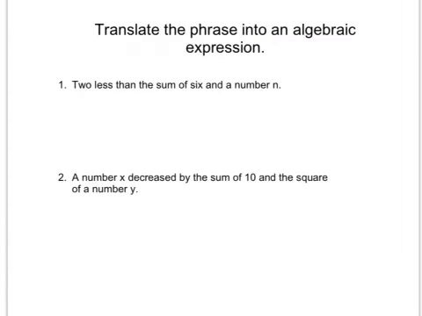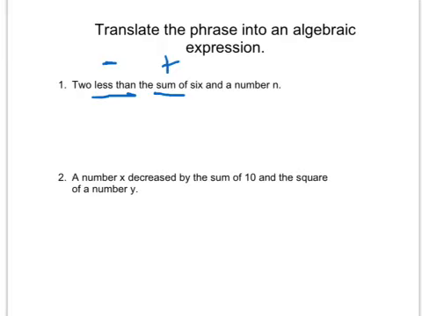Okay, so now we're going to do a couple more examples and we'll be good to go, turning you loose on your homework. Things to look for: if there's more than one operation involved, you're probably going to have to use parentheses somewhere. I like to underline things, or circle things, because it just helps me keep track. So I've got 2 less than, so less than tells me I'm going to subtract. Then I also have the sum. Sum means I'm going to add. We just did one like this on the slide before.